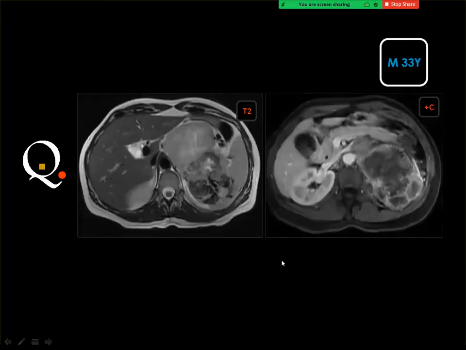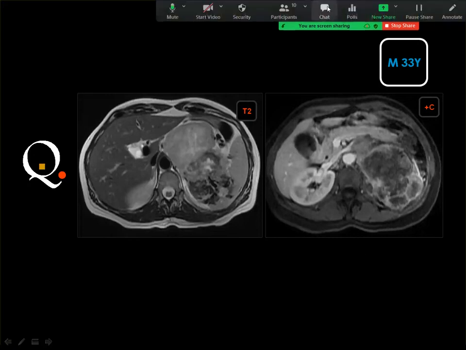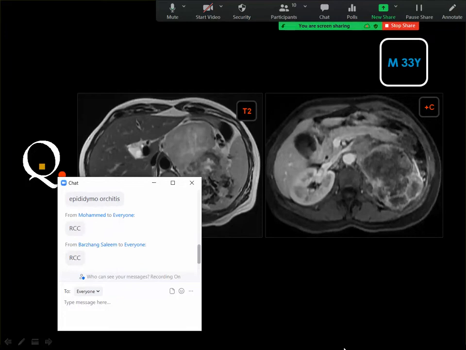The third case is an MRI for the renal area, T2 weighted image and T1 post contrast with fat saturation image. Yes, the answer is right.